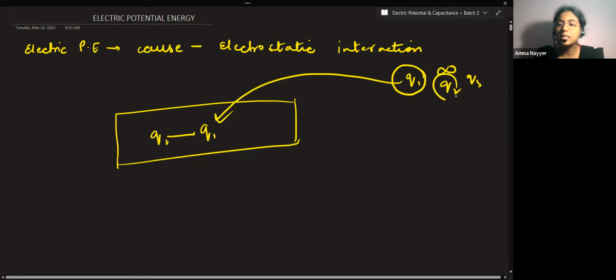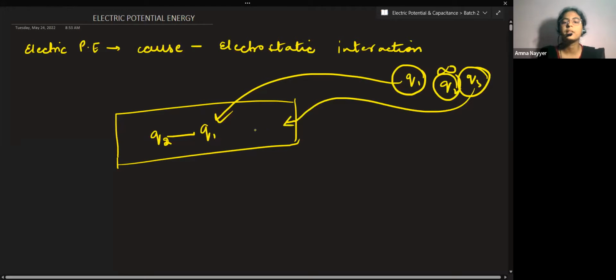Now if I bring this Q2 over here, there will be some forces generated, and Q1 and Q2 can interact with each other. Similarly, if I bring this third charge also from infinity, say this is Q3, Q3 will also be at a certain separation from Q1 and Q2, and will be exerting its force on Q1 as well as Q2.